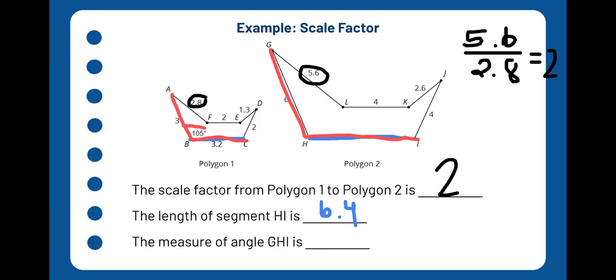Now, we will not multiply this by 2 because the corresponding angles are the exact same measure. Because if you were to multiply that by 2 and get 210 degrees, that would change the shape. And you don't want to change the shape because 210 degrees would be bigger than 180 and it would kind of go out like that. And that definitely will change the shape. So the corresponding angles are going to be the exact same thing. So this would be 105 degrees.